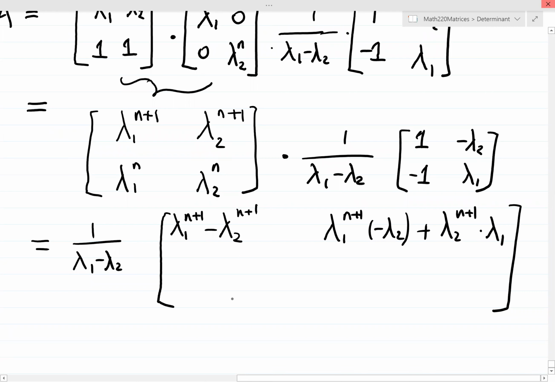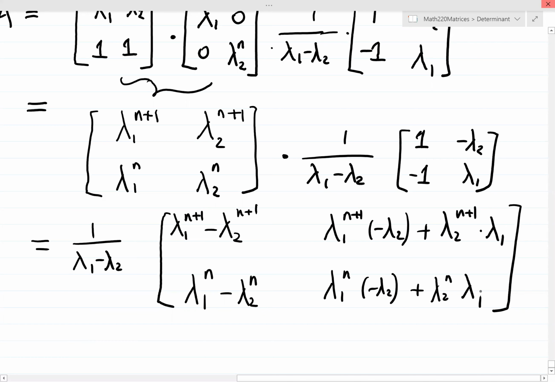The second row times first column. Lambda 1 to the power n minus lambda 2 to the power n. Okay, second row times second column. This will be lambda 1 to the power n, negative lambda 2, plus lambda 2 to the power n, lambda 1.